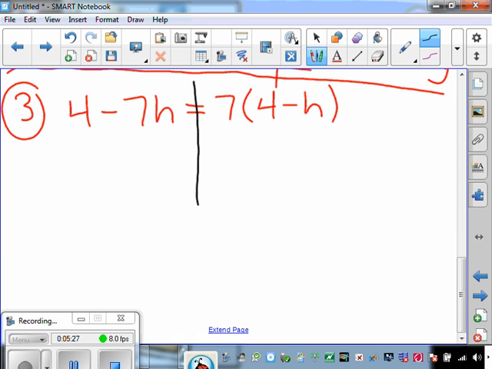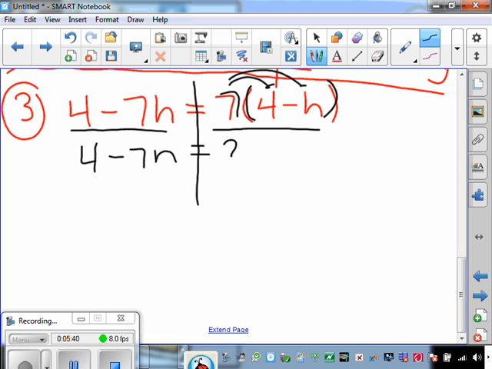Here's my equal sign. This side is as simplified as it can get. This side, though, I have to distribute because I have a number touching instead of parentheses. This is 28 minus 7n. And so they both have the same amount, right?